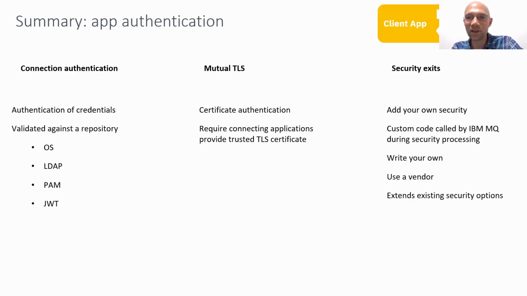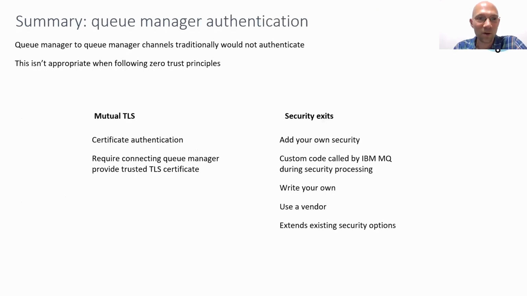So in summary, on the authentication side, these are the three ways that you have of doing it in MQ. You have connection authentication, which checks credentials of applications that come in. You've got mutual TLS and you've got security exits. Now, those are the options that you have for applications connecting into your queue manager. Now, also remember the other type of connections that you could have coming into your queue manager, other queue managers.